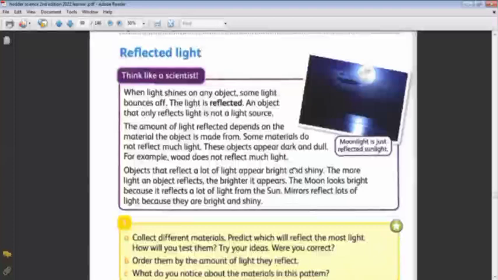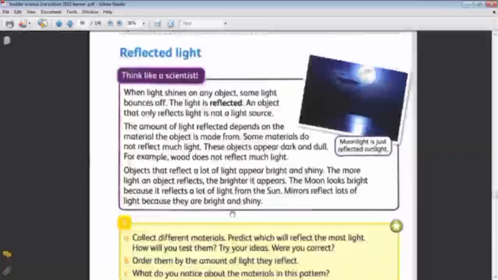The mirrors also, the mirrors that we can see ourselves in, reflect lots of light because they are bright and shiny. So we have two types of material. The first type is the material which is dark and dull. It doesn't reflect much light, like the wood, like the paper, like the plastic. They are not bright. They are dull and dark.